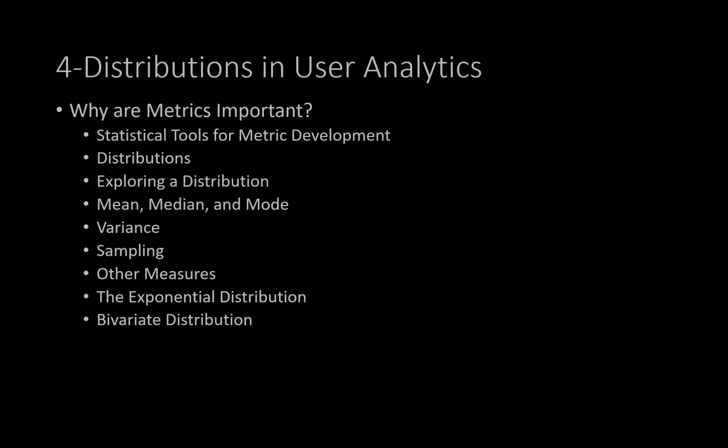And lastly, let's talk about bivariate distribution. Bivariate distribution is about the relationship between two variables. The two variables can be positively related, negatively related, or completely unrelated. Positively related means if one variable increases, the other variable also increases.